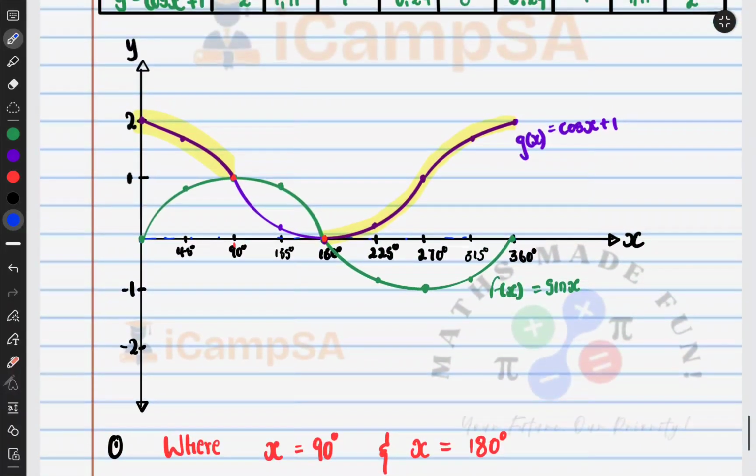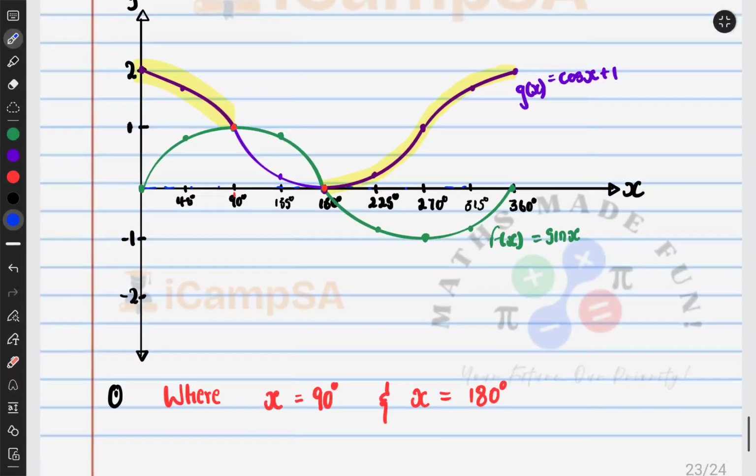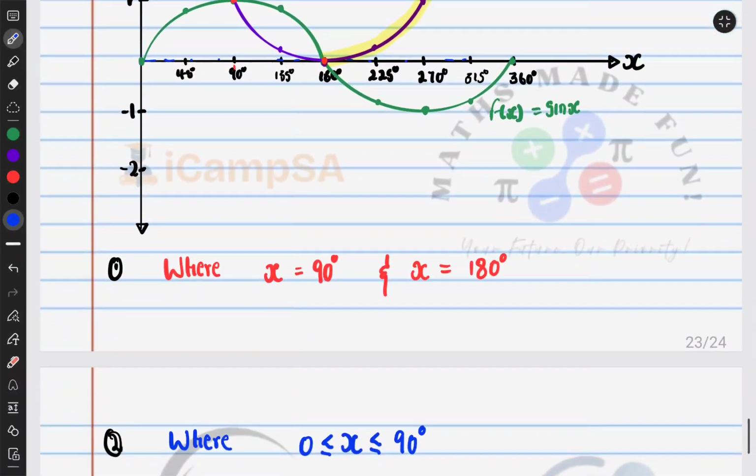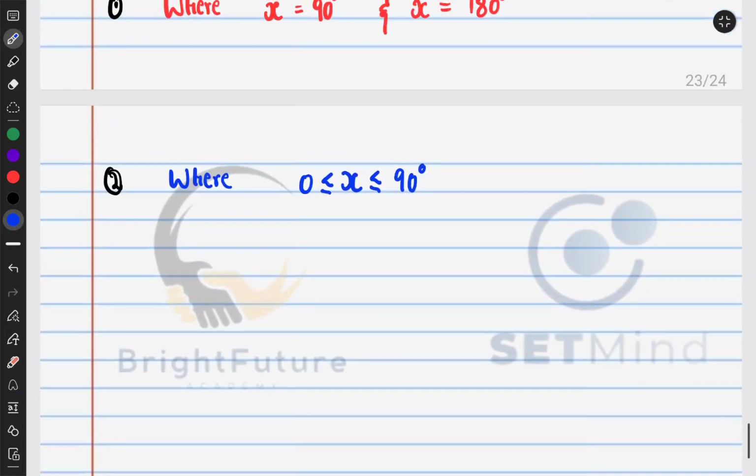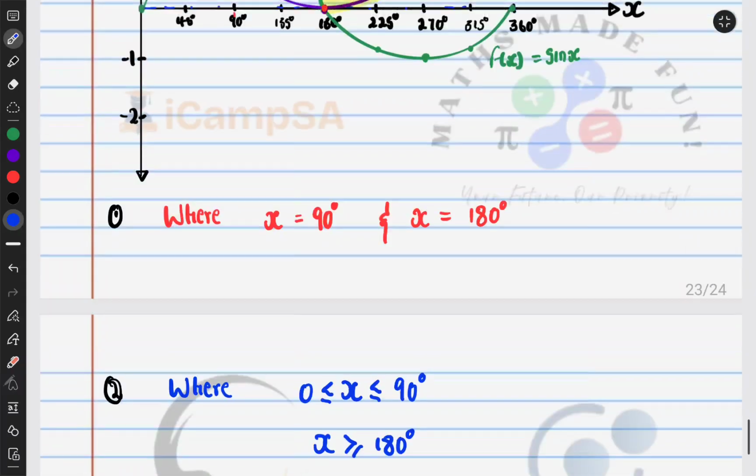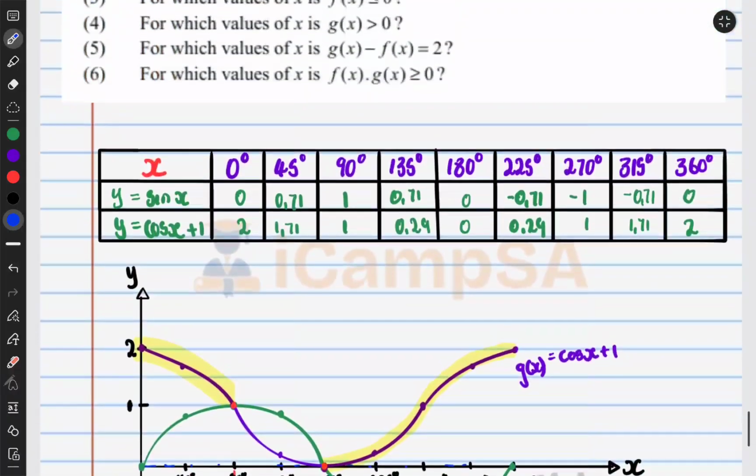That's the first interval. And then the other one from 180, where x is greater or equal to 180 degrees. That's the second interval.